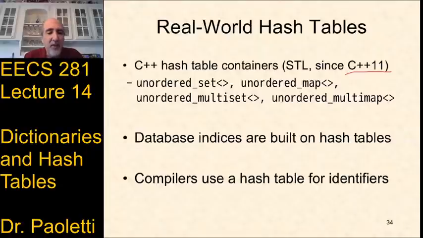The committee that controls the STL resisted adding hash tables for years. The community kept saying, we want hash tables, please give us hash tables. And they kept saying no, no, no, and they finally said yes. And so they produced this implementation, unordered set, unordered map, etc. The reason they resisted is it's hard to make a hash table that is efficient all the time.